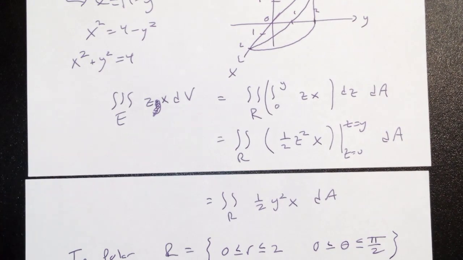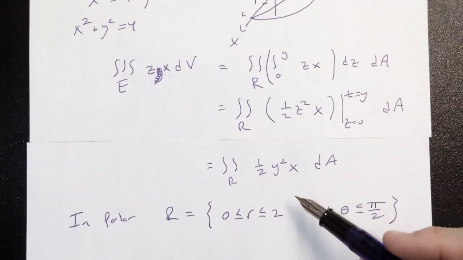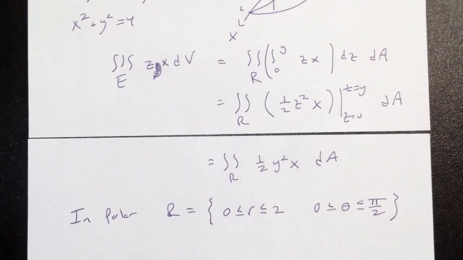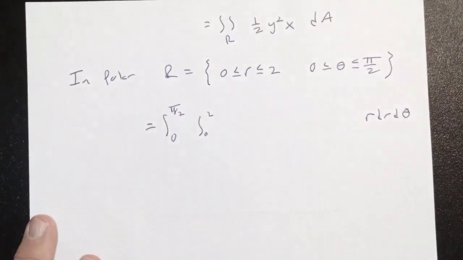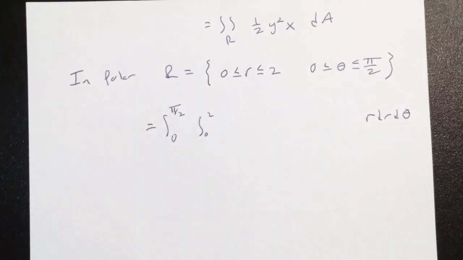So now all I have to do is switch all of this to polar coordinates. And then dA is r dr d theta. I'm ready to rock and roll.